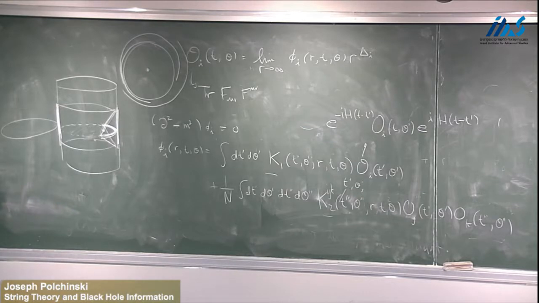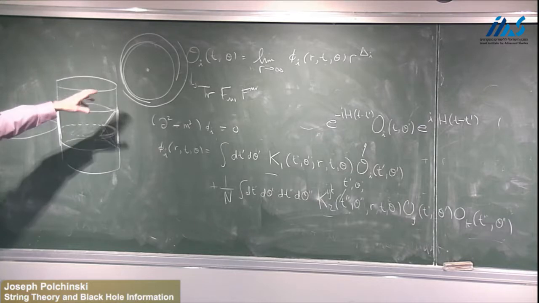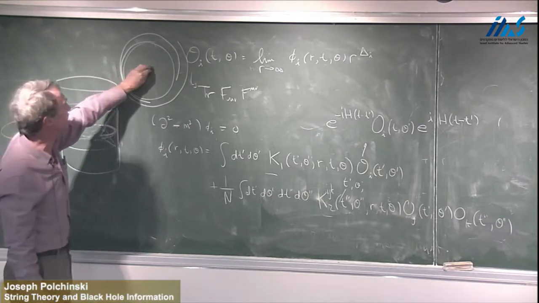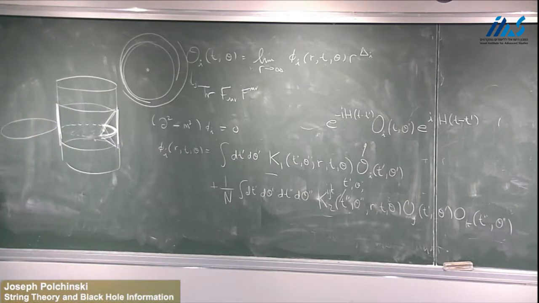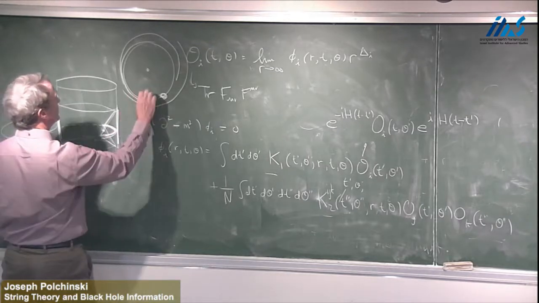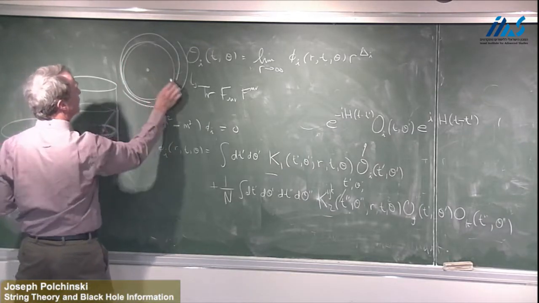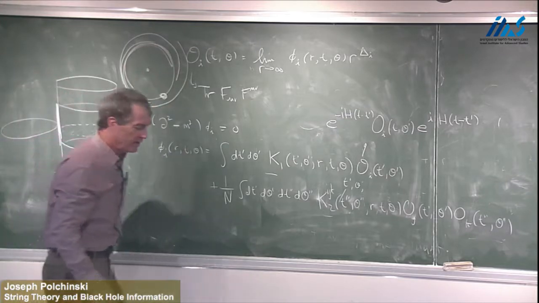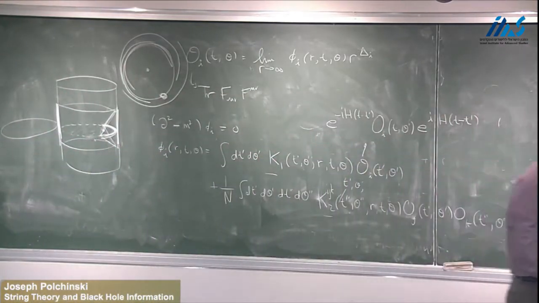If I've drawn this correctly, you have three regions, and there is no point that is in all three regions. So it's not clear where the information about that state is. You could act in the boundary with some operator over here, and it can't change the field there because you can reconstruct the field purely from this part of the wave function. Anyway, they relate this to something called quantum secret sharing, which is kind of fun. I just think this is interesting. I don't know whether it's deep.